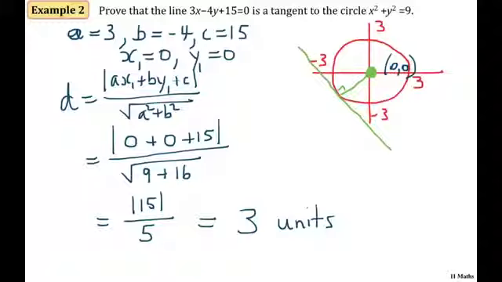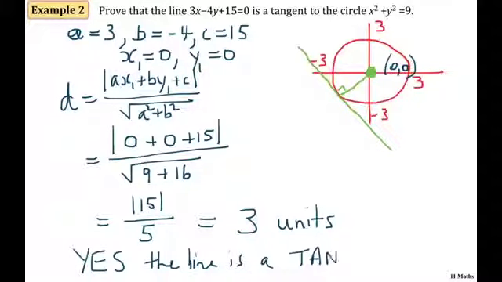That's also the radius of the circle, which means, yes, the line is a tangent to our circle because it's 3 units, which is also the radius of the circle.